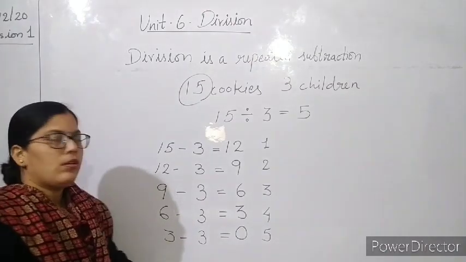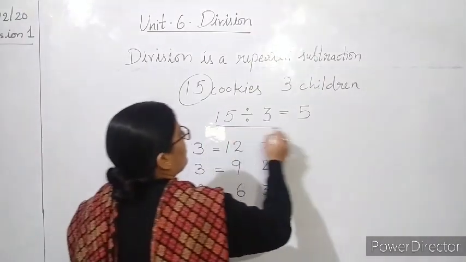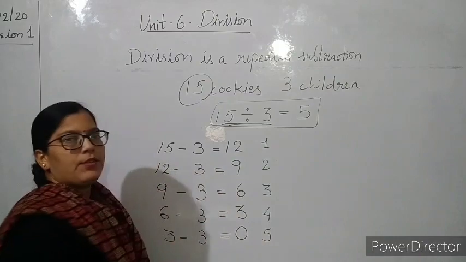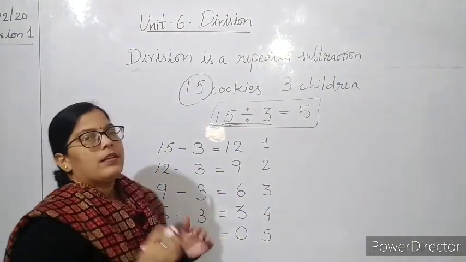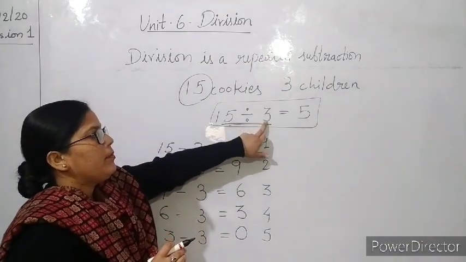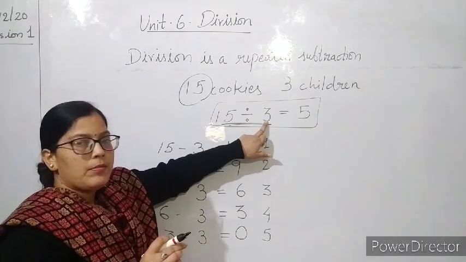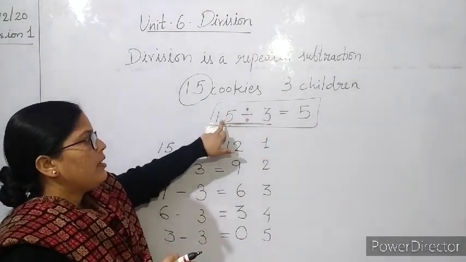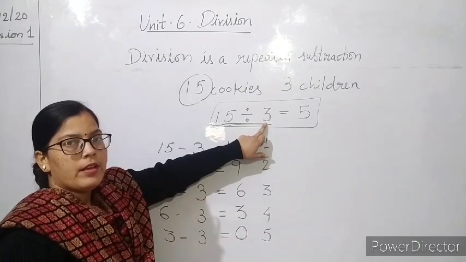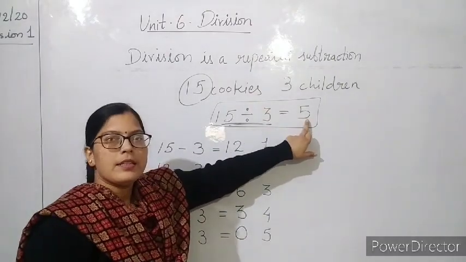So what do we do? We just write this division question, 15 divided by 3, and then recall the table of 3 and find out by how many times you get 15 in the table of 3. 3 fives are 15. So the answer is 5.